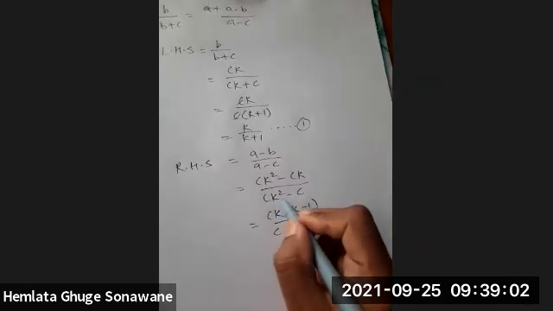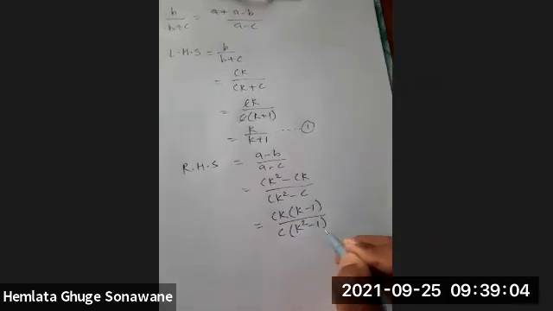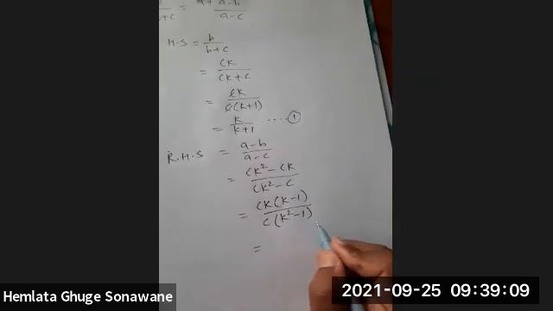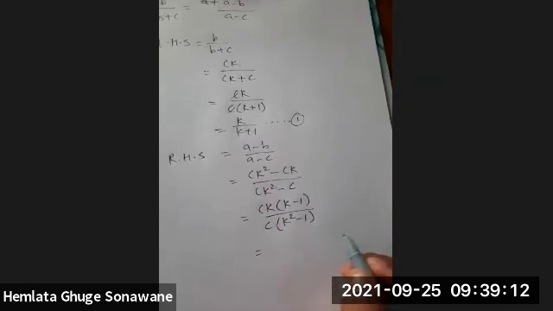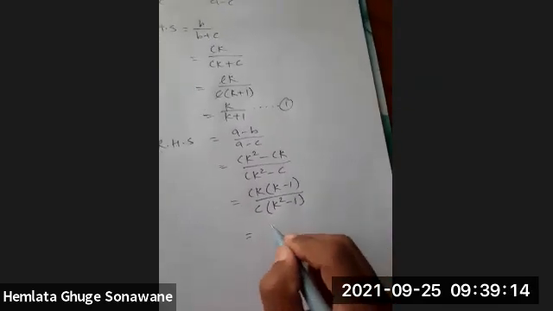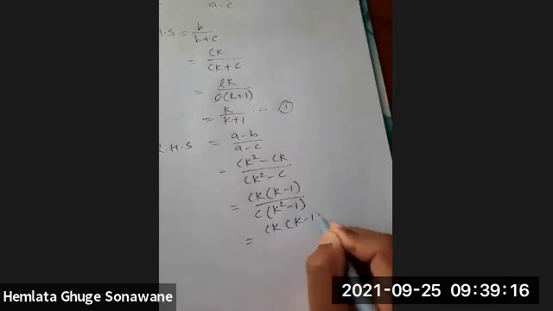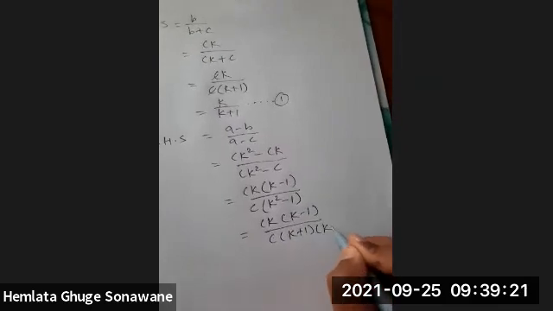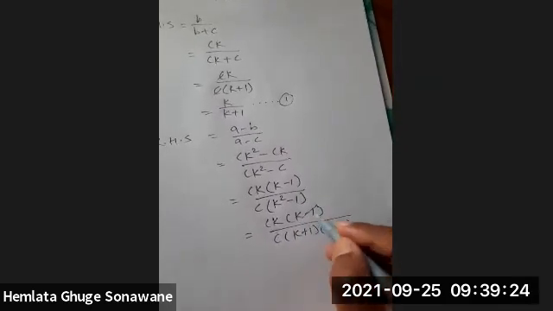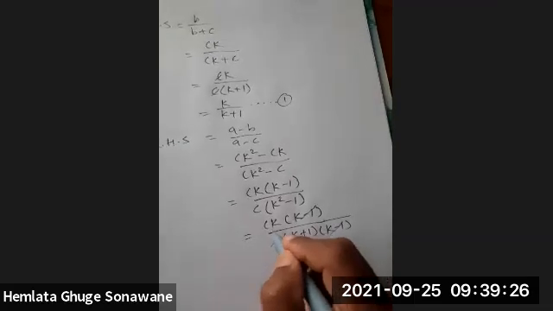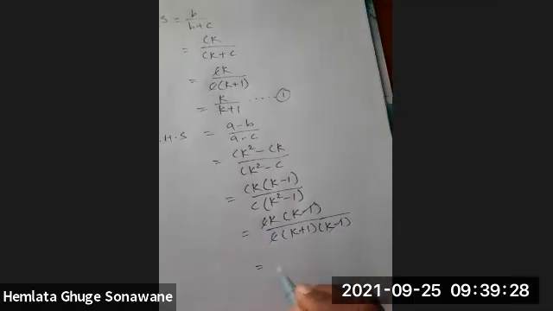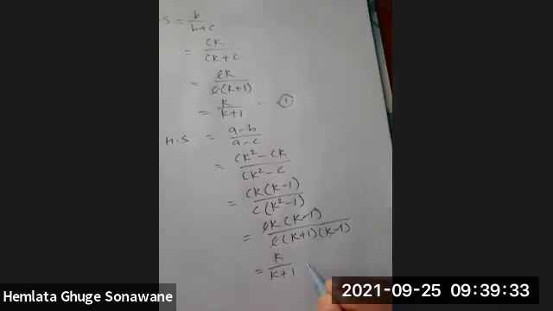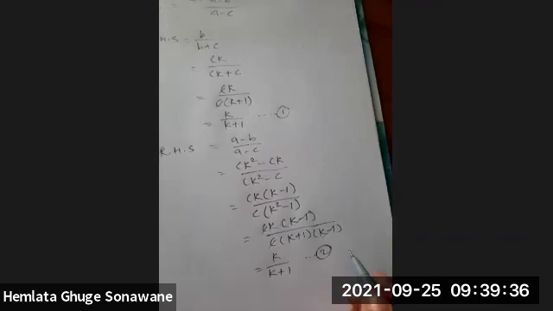So what is remaining is K square minus 1. Now this K square minus 1 we can write as K plus 1 into K minus 1. Here K minus 1 and K minus 1 cancel, C and C get cancelled. So what is remaining is K upon K plus 1. This we will mark as the second equation.